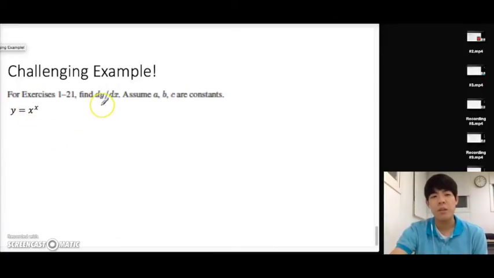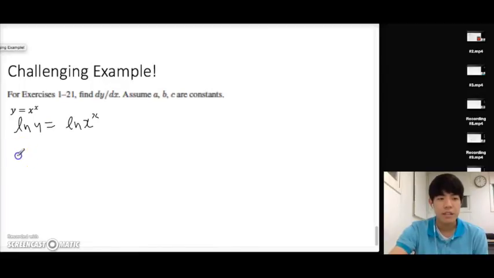Before we take the d/dx of both sides, what we want to do is take the ln on both sides. So ln y equals ln of x to the power of x, and we can use the properties of ln to find that ln y equals x times ln x. Now we can use d/dx on both sides.